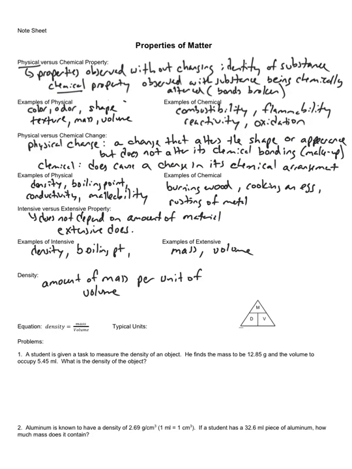Examples of physical properties would be things like color, odor, shape, texture, mass, volume. These are all types of properties I can take down about a material without having to actually change its bonding arrangement. Okay? If I am changing its bonding arrangement, I'm breaking the bonds, it's going to become something else.